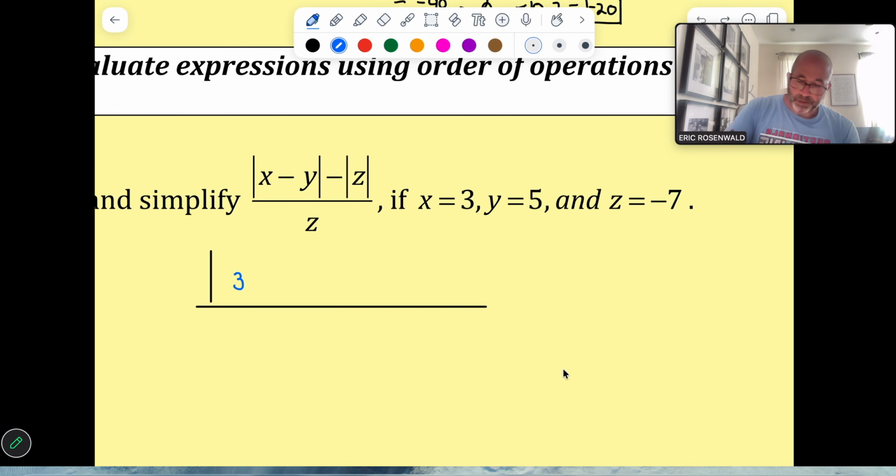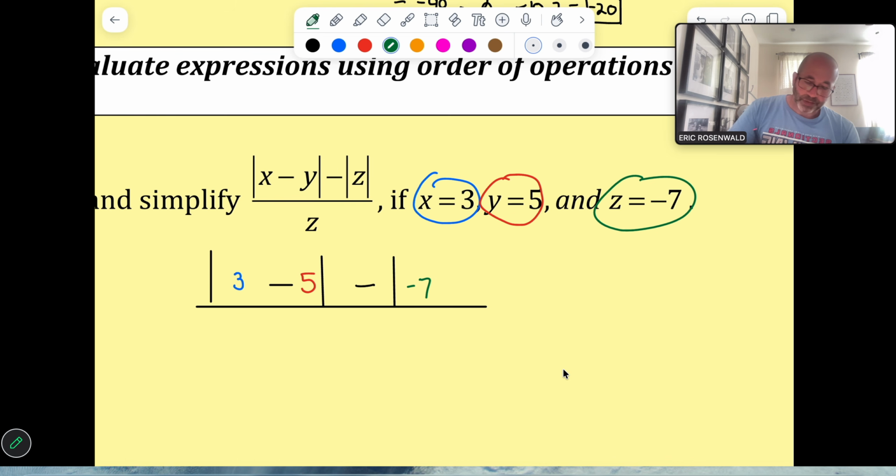I'm going to keep the minus sign there because we have the minus sign in the original problem. Minus. For our y, we're going to do 5 for our y value. Okay. And then we have minus the absolute value of, for z, we're going to put in negative 7.